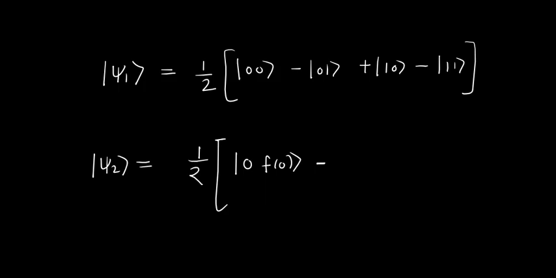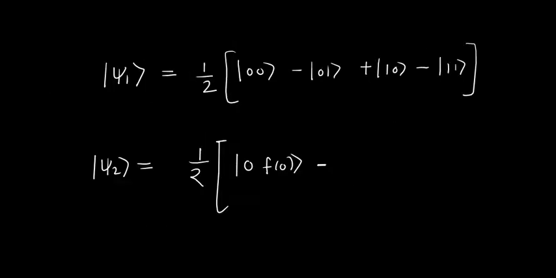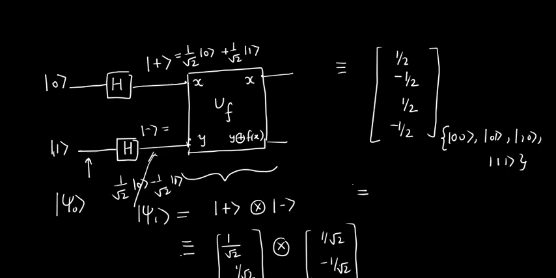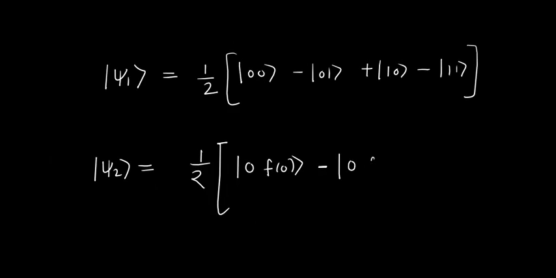Similarly, for 0 1, you can see 0 f0, because now this is 1 XOR with f0.